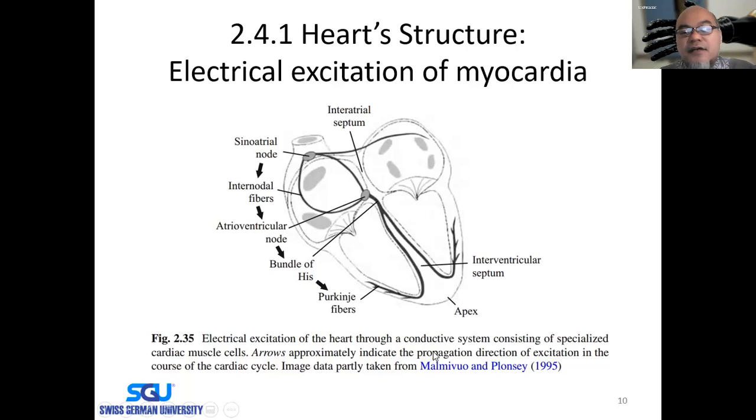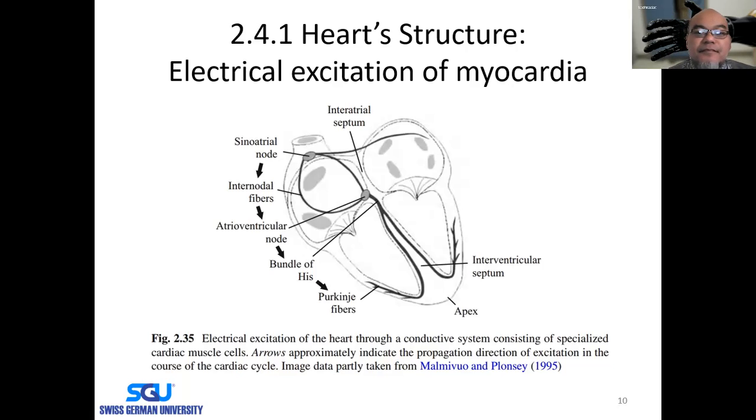Electrical excitation of the heart through a conductive system consisting of specialized cardiac muscle cells. These arrows indicate the propagation direction of excitation in the course of the cardiac cycle. The electrical excitation starts from this node called the sinoatrial node, located more or less on the upper part of the right atrium.